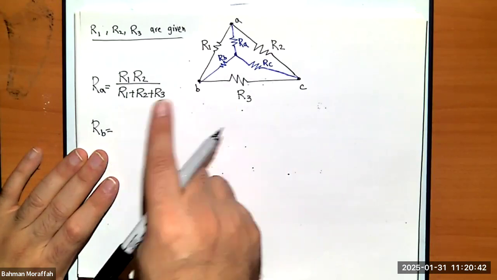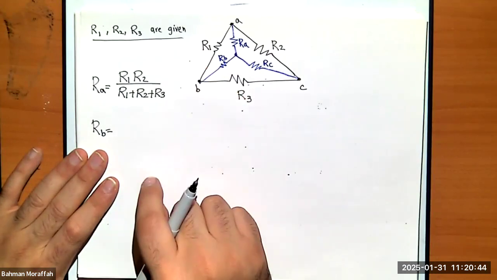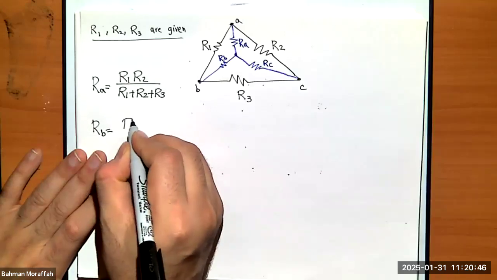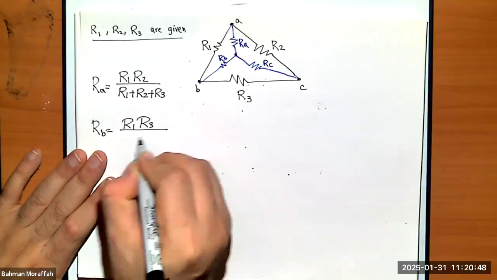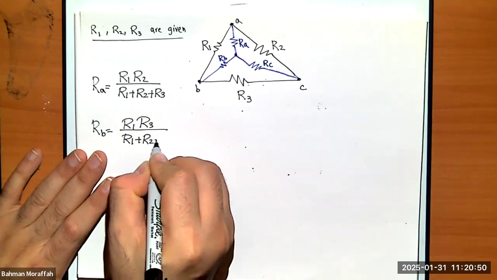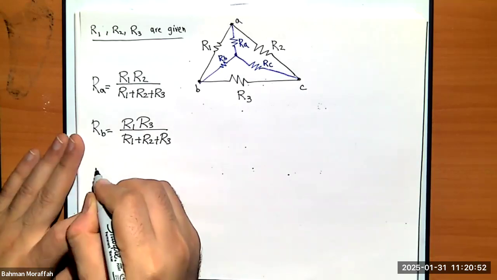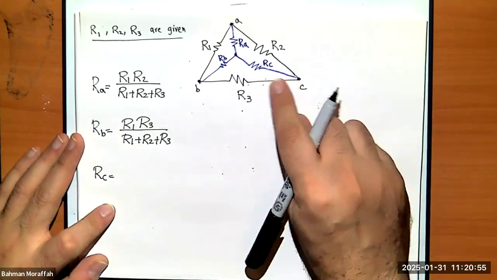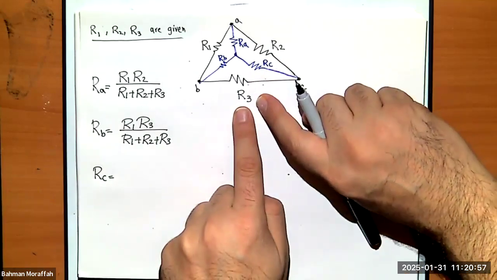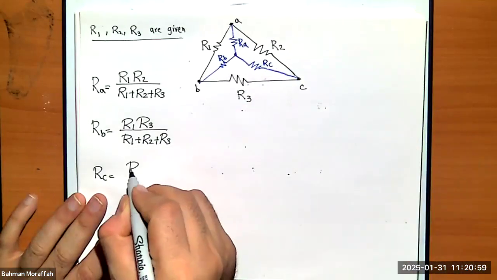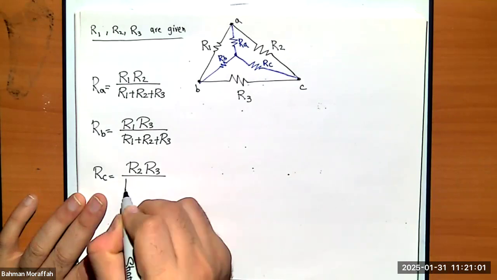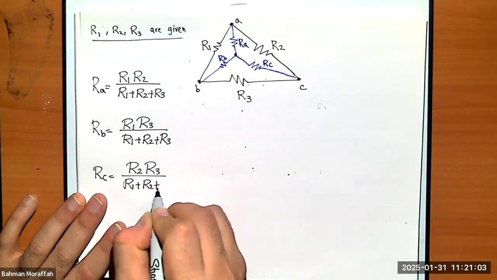So the numerator here is just going to be these two adjacent resistors. So it's going to be R1, R3 divided by R1 plus R2 plus R3. And RC, again, it's between R2 and R3. So it's going to be R2, R3 divided by R1 plus R2 plus R3.